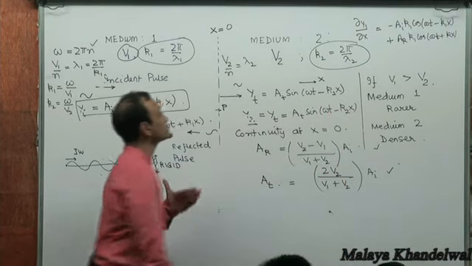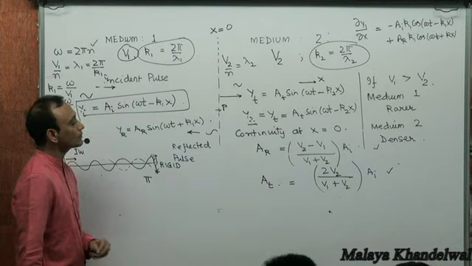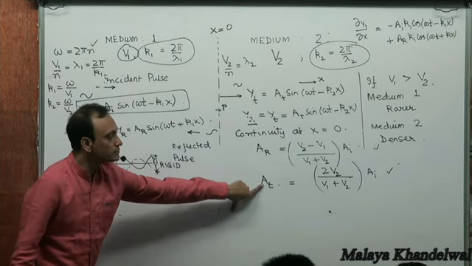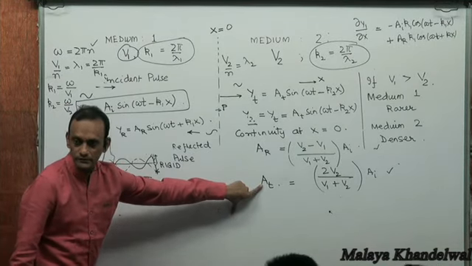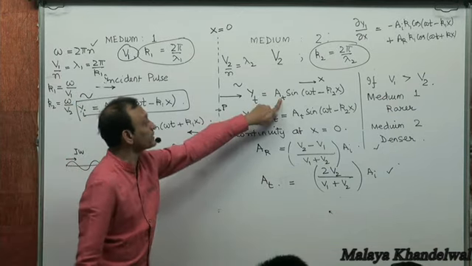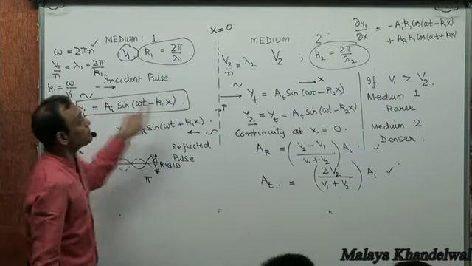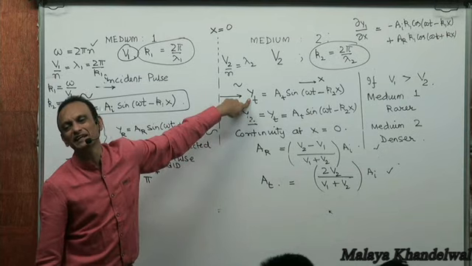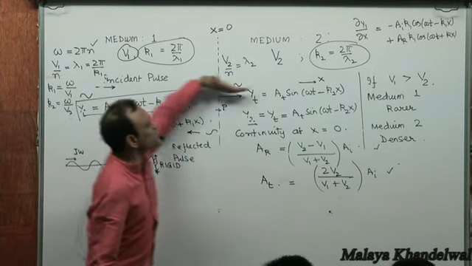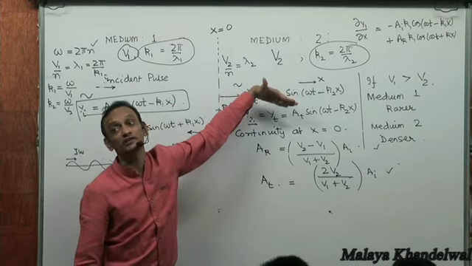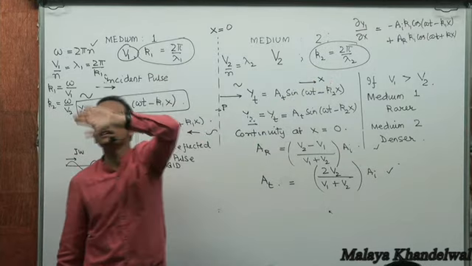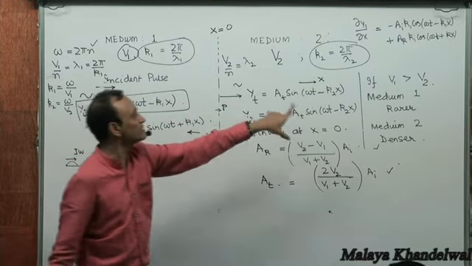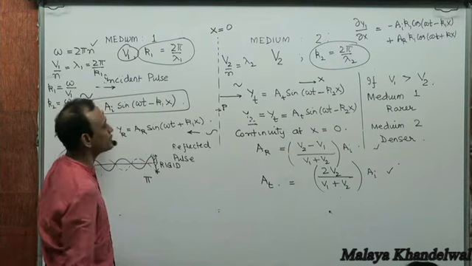Also realize AT is always positive. AT is not becoming negative, right? So if AT is not becoming negative, the incident pulse and the transmitted pulse are in phase with each other. That means transmission or refraction will never result in change of phase, because the sign of AT is the same as the sign of AI.